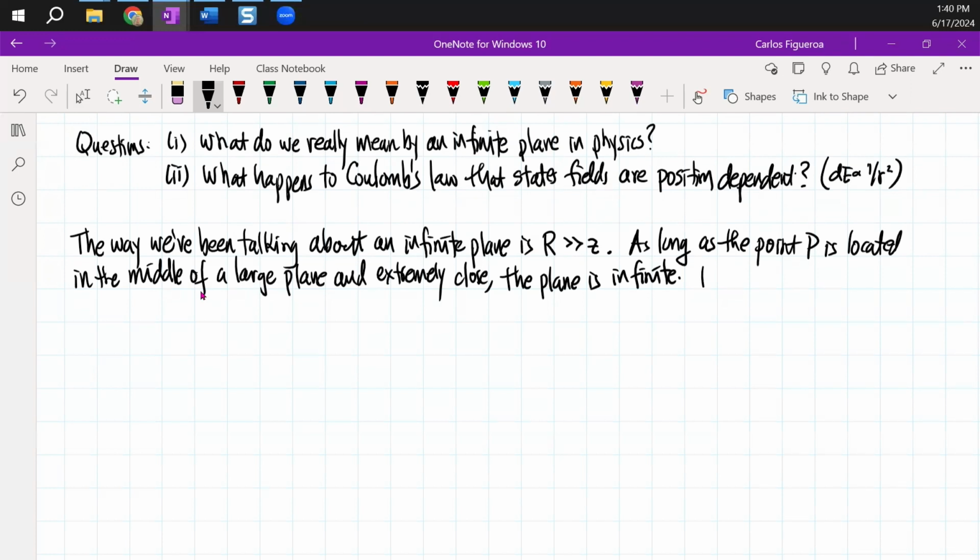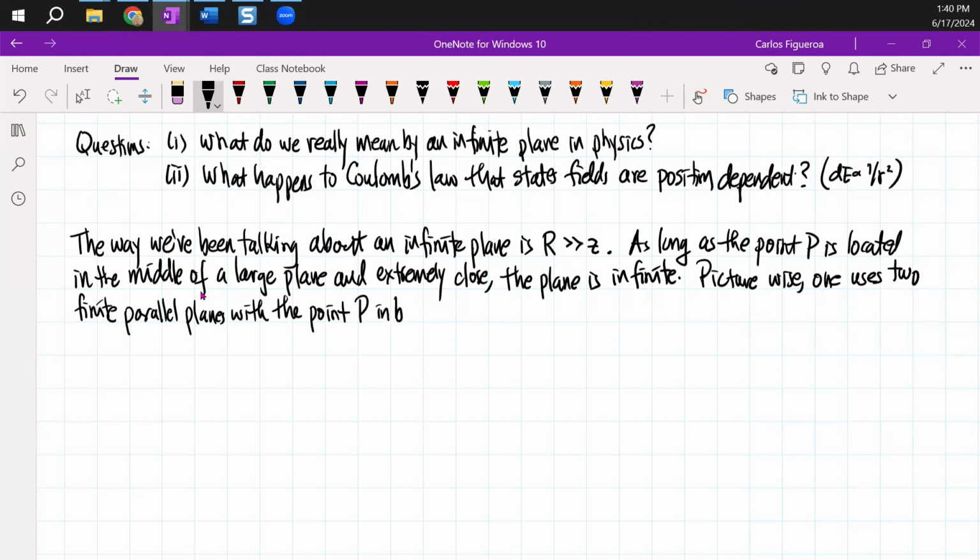So picture-wise, one uses two finite parallel plates with the point P in between them.